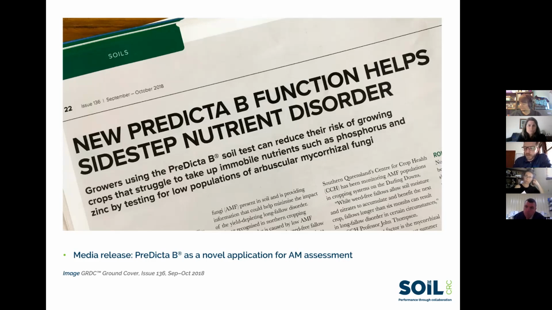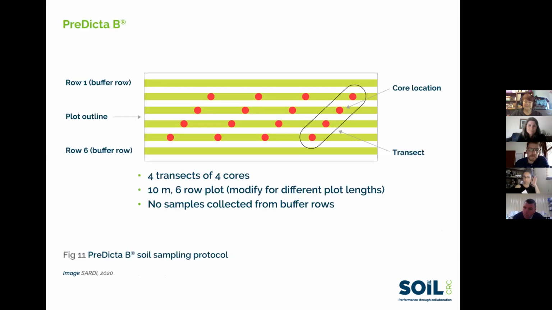So I thought that was a good opportunity to take this tool and kind of hack it for research purposes, take it into sugarcane, not use it as a pre-planting diagnostic, but use it in crop, in plant during development. Some of you are probably very familiar with this process. This is how this kind of sampling works. It's important to demonstrate because it's very straightforward, very rapid, and very cost effective.